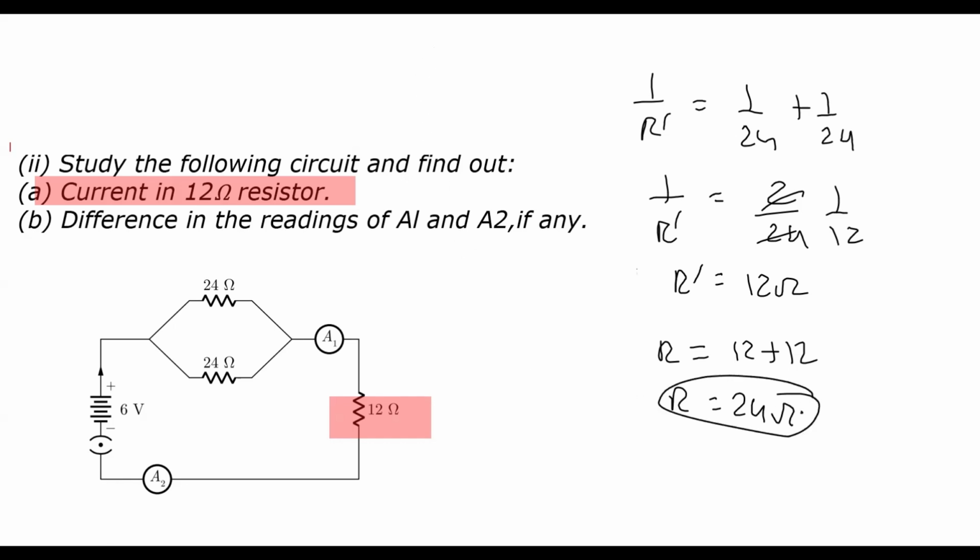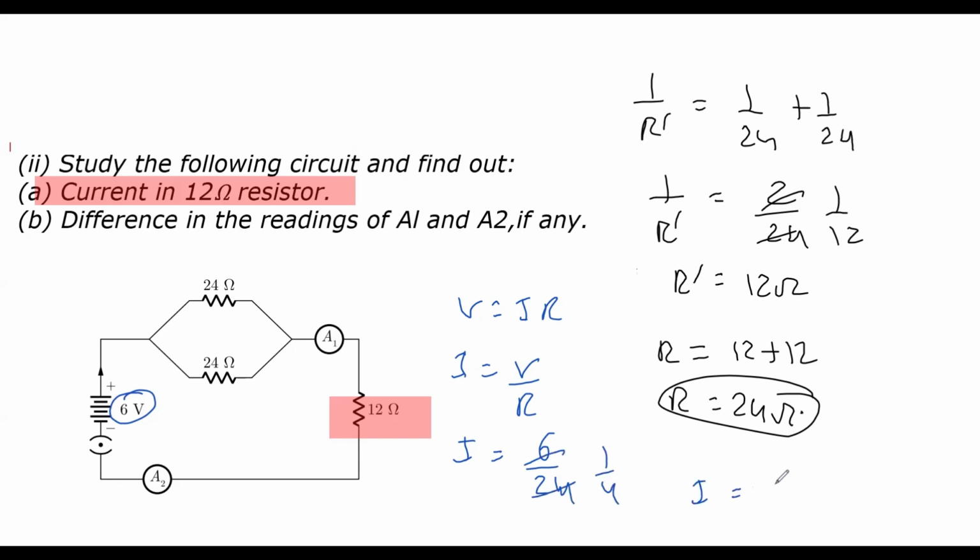Now I'm going to find the total current in the circuit, applying V is equal to IR. I can say I is equal to V over R. And how much is V? Yes, it's 6 volt over here. So that is 6 over 24, which comes out to be 1 by 4.